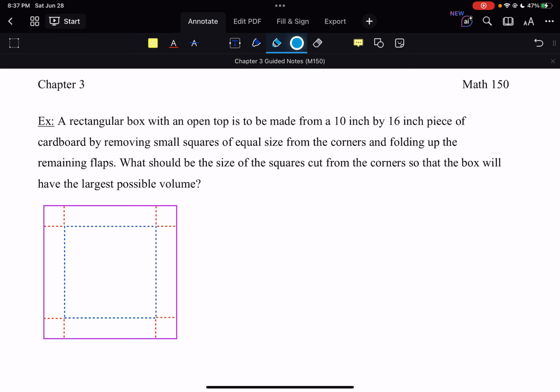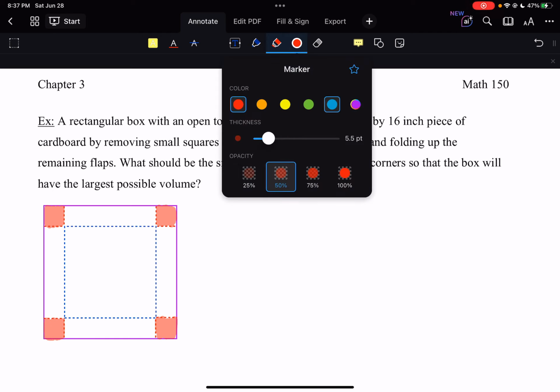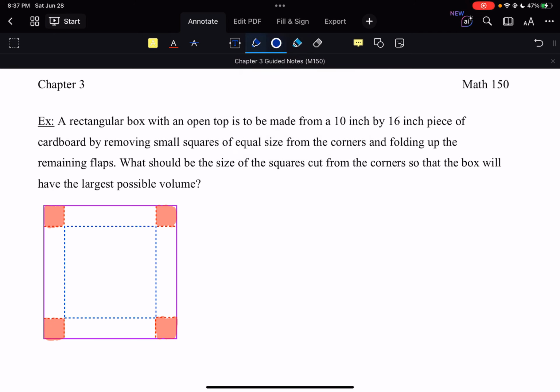Okay, so you can see down here, I've got my big piece of cardboard, and we're going to create a rectangular box by cutting these little squares out of the corners. We are trying to figure out how big those corners should be, how big of cuts we should make in order to maximize the volume of the box.